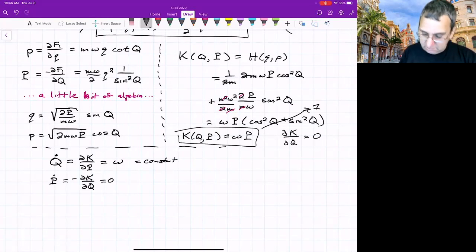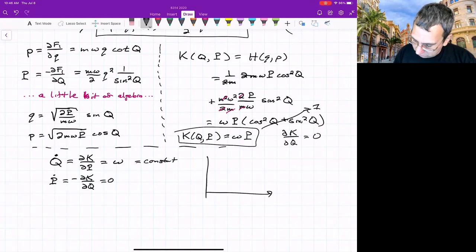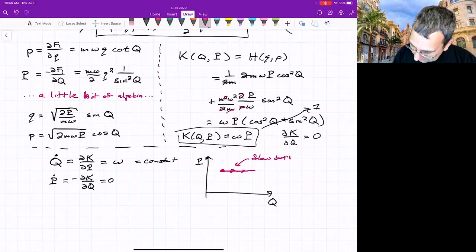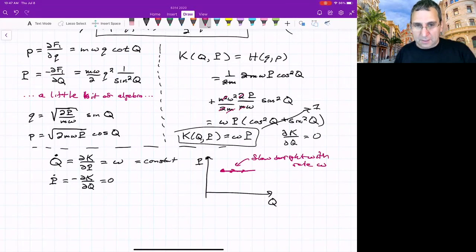So this is 0. So dynamics are kind of boring. And that's what we want. We want to turn things that look nonlinear and crazy into things that aren't. So if you start with some initial condition, it's just going to be flowing to the right at the rate of omega. And then if you wanted to, you could transform back via these equations into what the original solution was. It looks nice and it's useful.